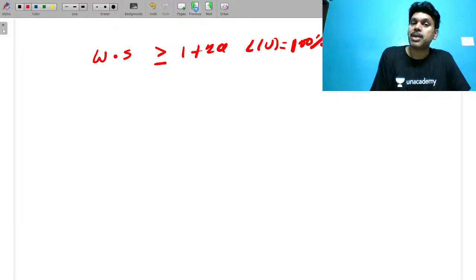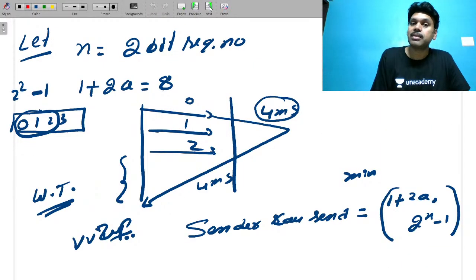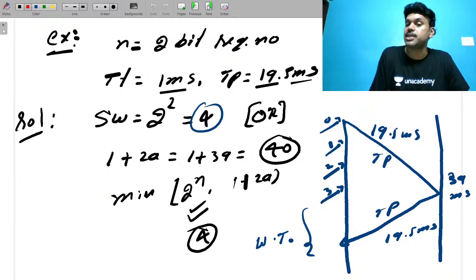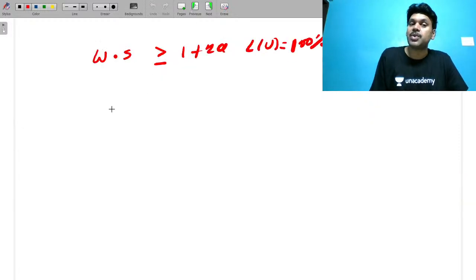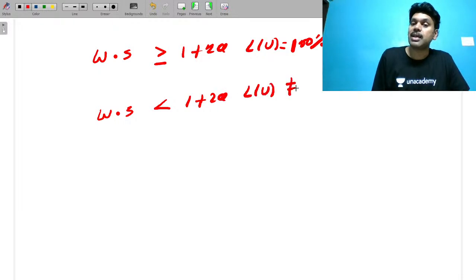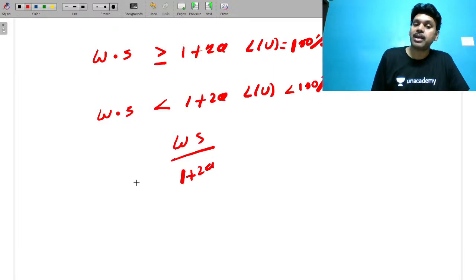But in the next example I showed you, what is that? This is the example. Here the n-bit sequence number is lesser than your 1 plus 2a. That means if the window size is less than 1 plus 2a, then your efficiency is less than 100%. So how much is it? Window size by 1 plus 2a is the newly calculated efficiency.